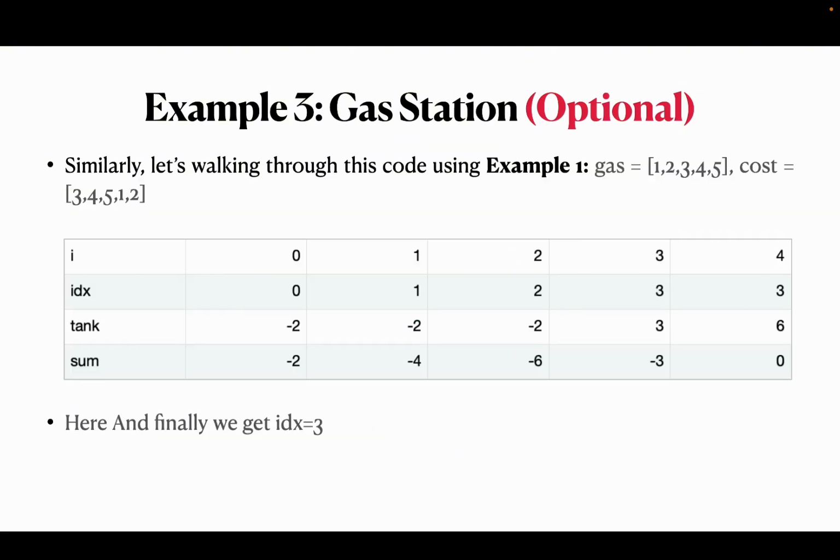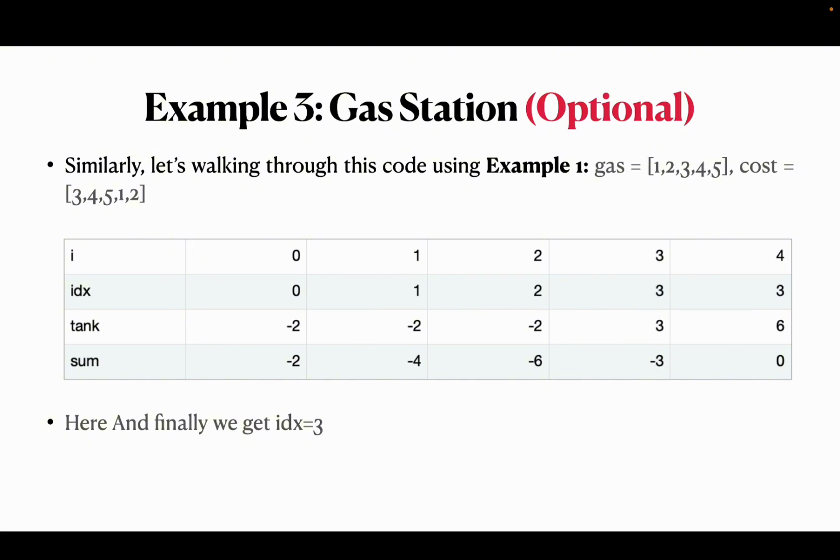Let's walk through this code using example 1. Initially, our index will be 0, tank will be -2, and sum will be -2. Then we move forward to i equals 1, and update the tank to -2 and sum to -4.